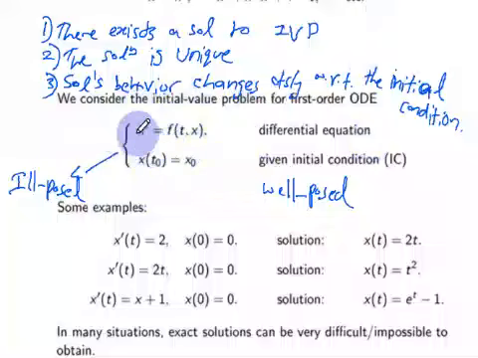If you want to check whether this has a unique solution or not, we can check the differentiability of f with respect to y, the dependent variable. If f is differentiable with respect to y, then we can say this system has a unique solution.